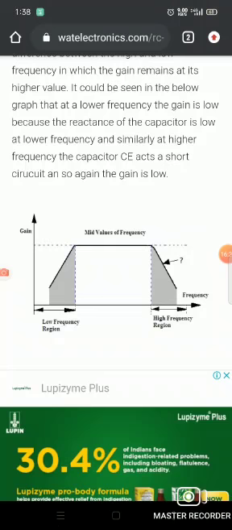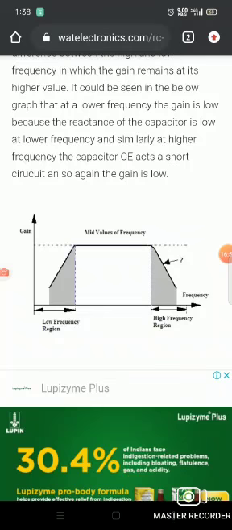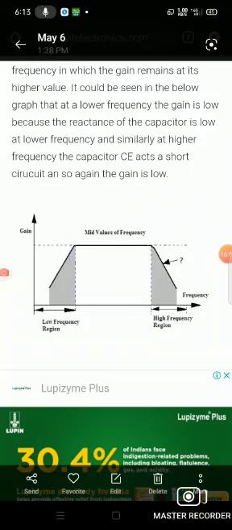So those two frequencies are considered in practical operations, 100 Hz and 100 kilohertz, but this frequency range is 20 Hz to 20 kilohertz. So we have to consider that these frequency signals are audio frequency signals. So that amplifier circuit is considered an audio frequency amplifier.